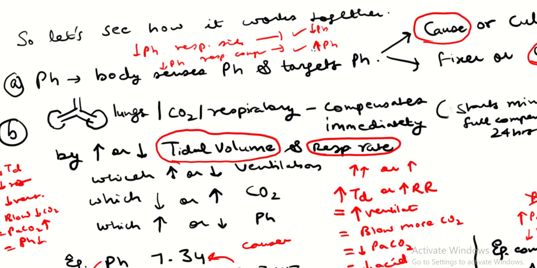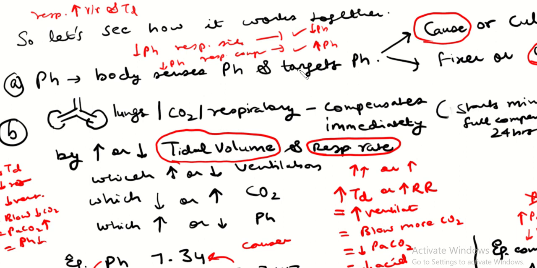Okay, it's very important. Respiratory side, you manage two things. The respiratory side is immediate, compensates immediately. It's got lungs involved. It manages PaCO2 and it manages it by the amount of ventilation of air that it does, and it does it by increasing the respiratory rate and the tidal volume.